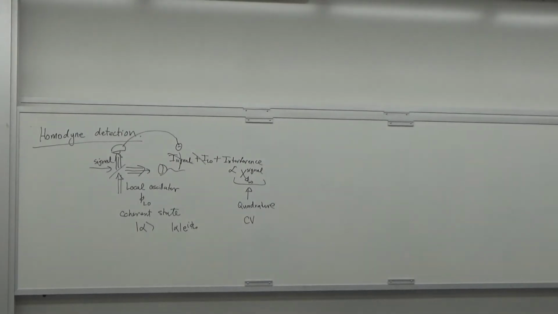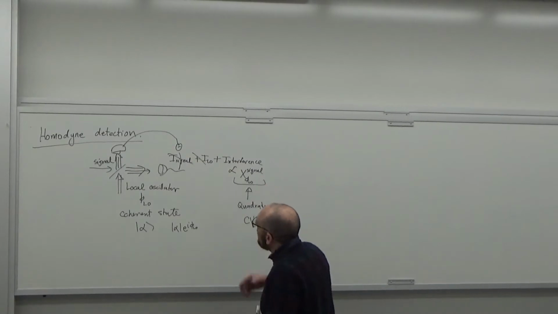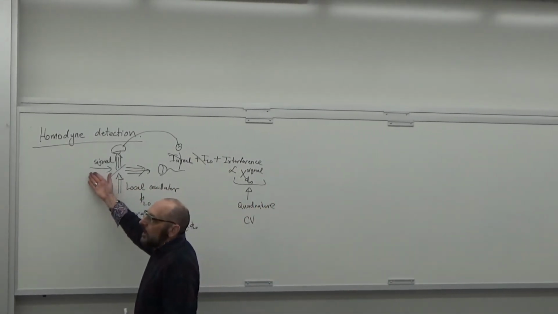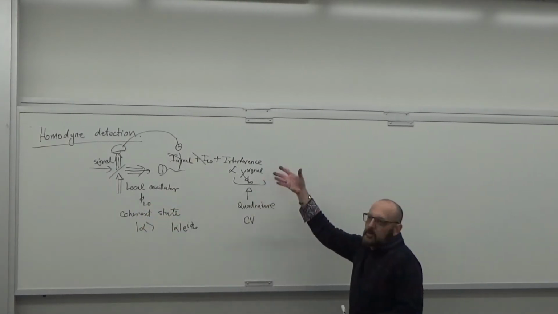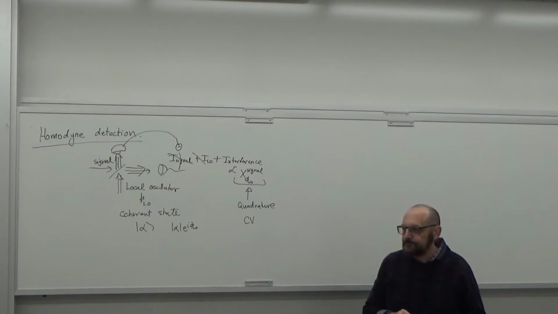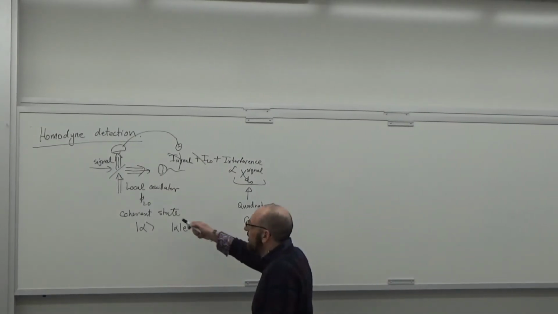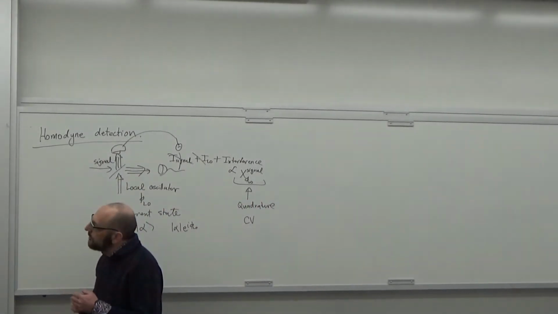What we would then see is the quadrature of that signal at the phase of the local oscillator, maybe plus pi over 2, depending on the phase shift. That would depend on reflection.